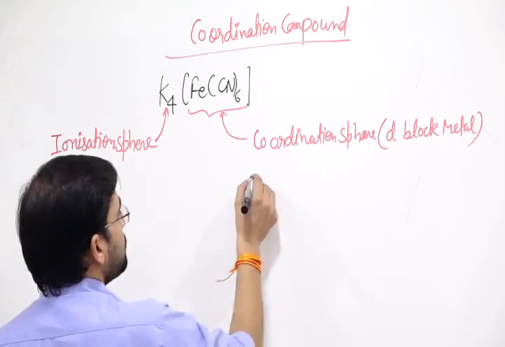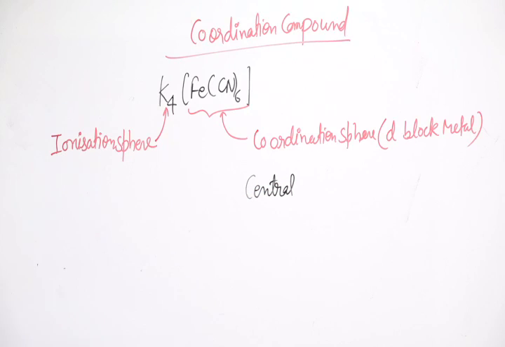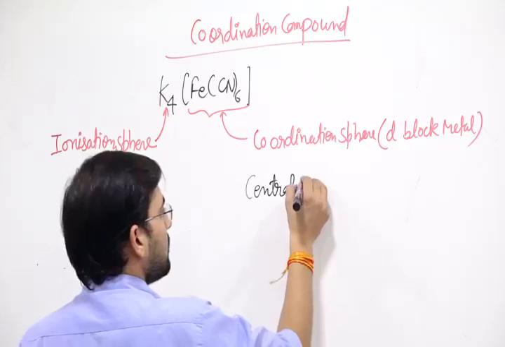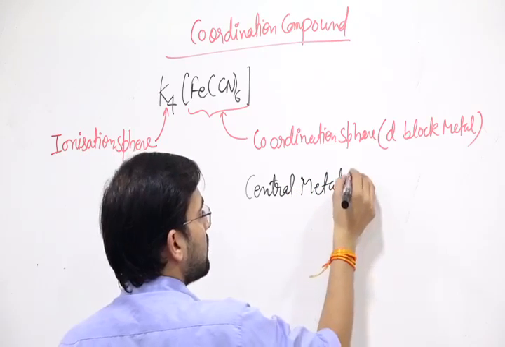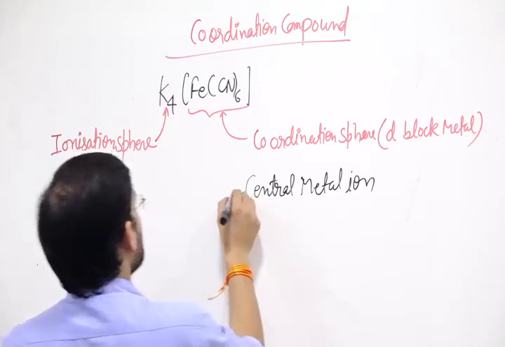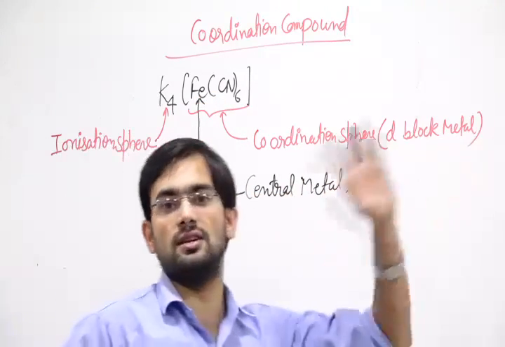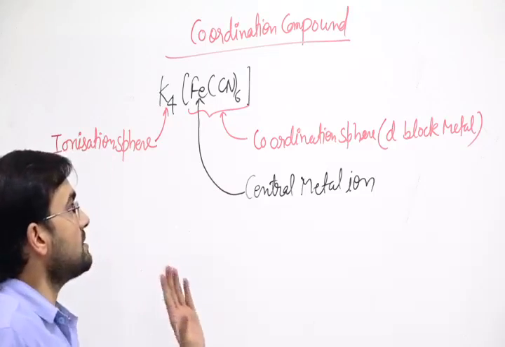The next point is the central metal ion. The central metal ion is the metal present inside the coordination sphere.